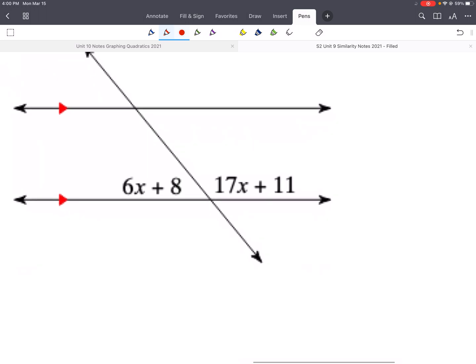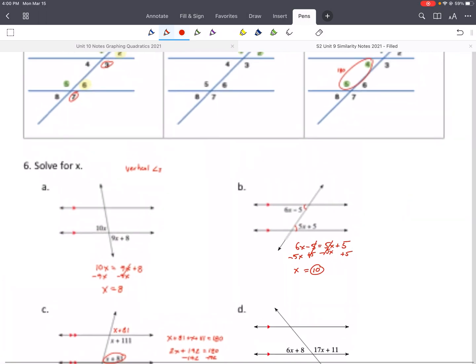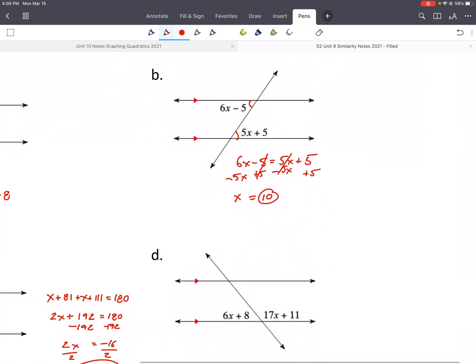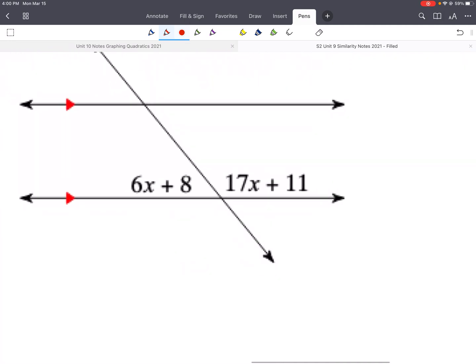And then last but not least, these are also same... is that what those other ones are? Adjacent angles. I always get those mixed up. So adjacent angles, again, those add up to give us 180 degrees. So 6x plus 8 plus 17x plus 11 has got to give us 180. And we do the same deal.